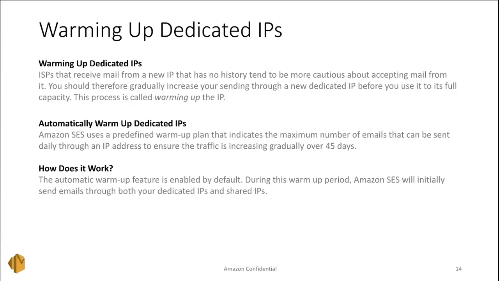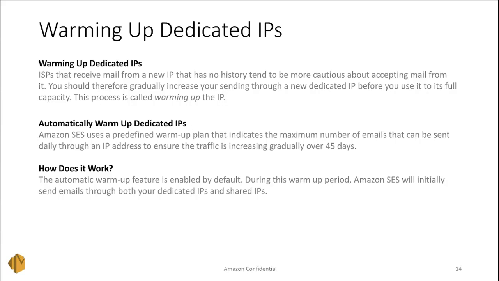In 2017, we released a new feature called automatic warm-up of dedicated IPs. What that means is we will take a portion of the emails that you send through the shared IPs, and over the course of 45 days, we slowly send traffic over from your regular sending through the dedicated IPs.